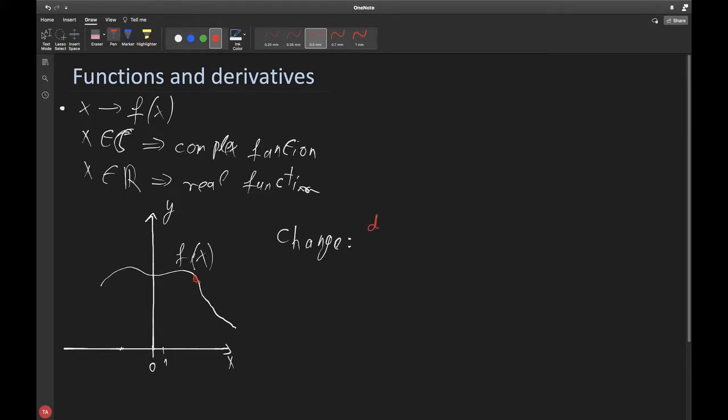If I look at the little change in the y direction, which is dy, and the little change in the x, that's going to give me the slope of this function. And then if dx is a small number, this is going to give us the definition of a derivative. So I say that dx goes to 0.